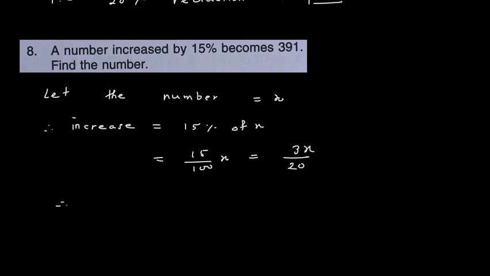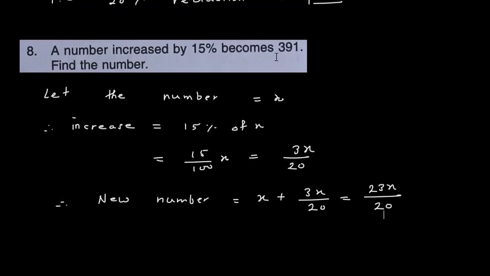So therefore the new number will become x plus 3x by 20. So it is 20x plus 3x, that is 23x divided by 20. So this is the new number.